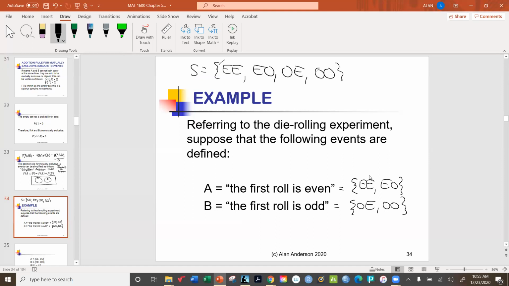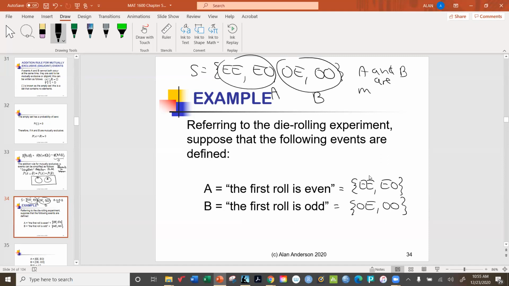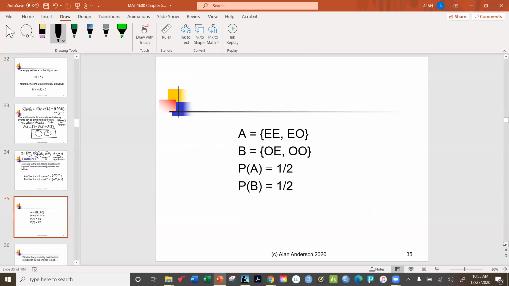In other words, this is A, and this is B. A and B are mutually exclusive. So you know what that means? The probability of A or B can be calculated.